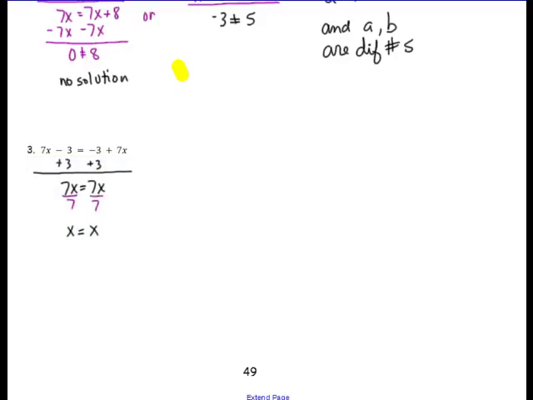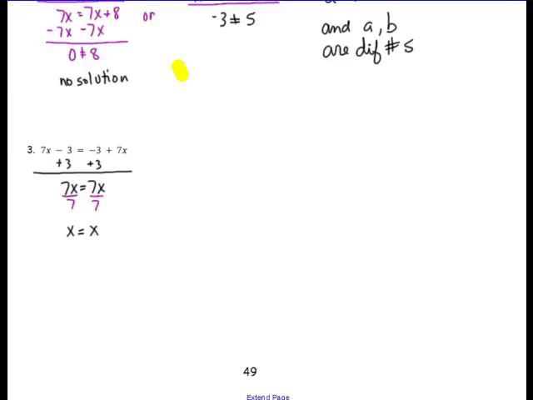Was there anything new or unexpected about exercise 3? When solving this equation, we get -3 is equal to -3, which did not give us a value for x. When solving the equation, we got 7x equals 7x, and we weren't sure what to do next, or what it means.